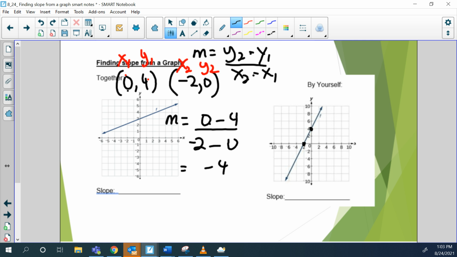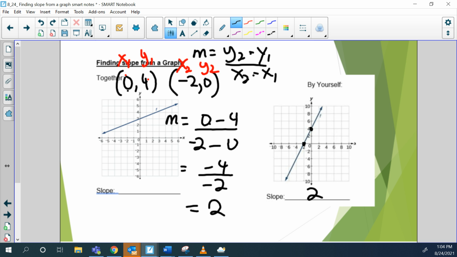If you're not sure to do this, the arithmetic, use a calculator. 0 minus 4 is -4, and -2 minus 0 is -2, and that will give me a +2. All right. So the slope here is 2.